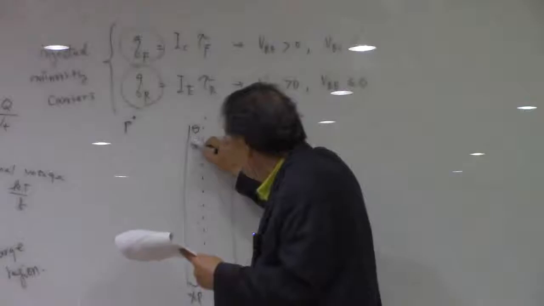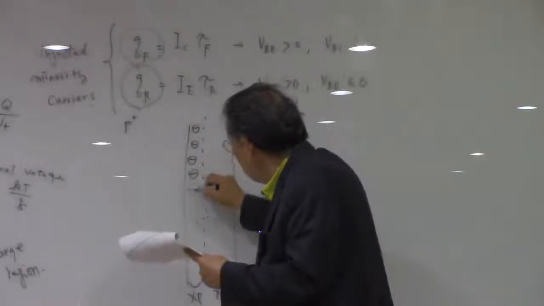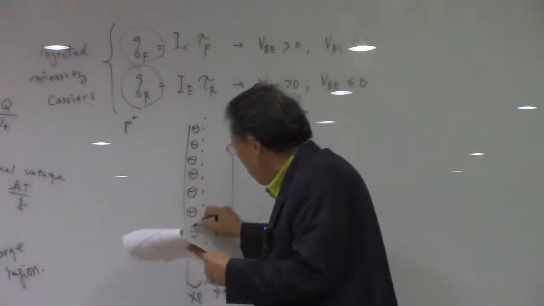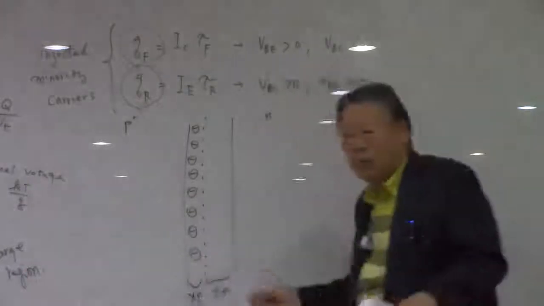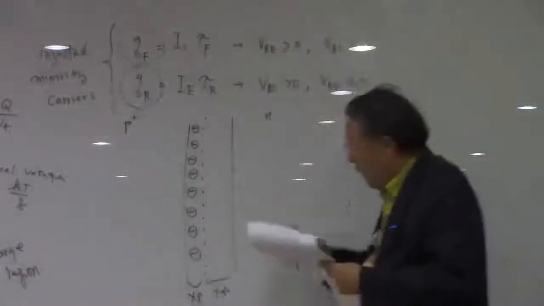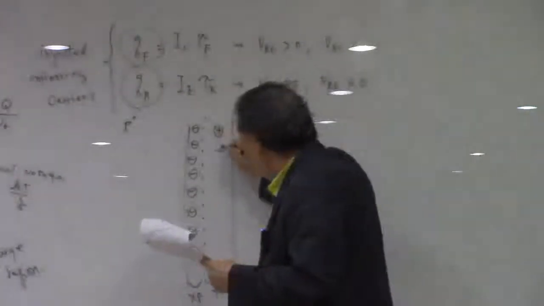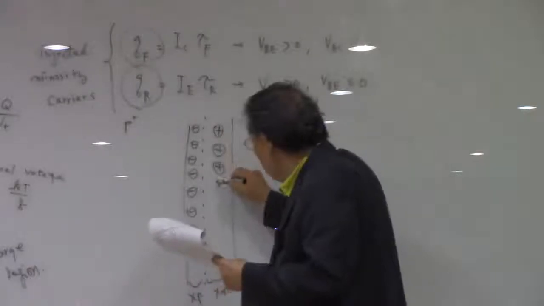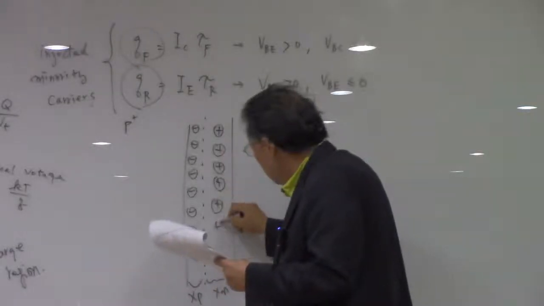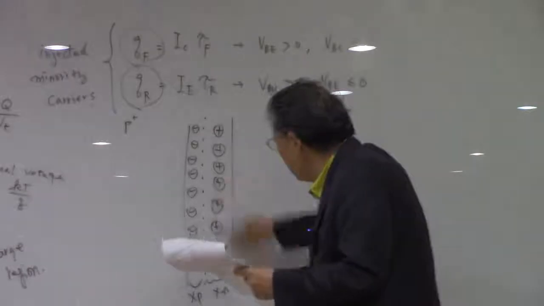Since there are no free carriers in these regions, we just have ionized dopants, and these ionized dopants are not moving, so we have localized charges.